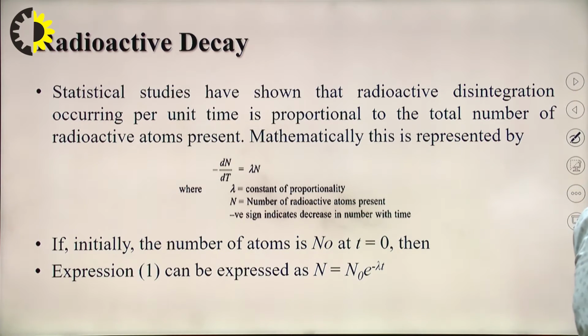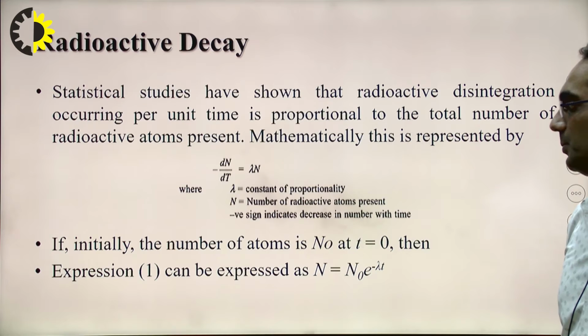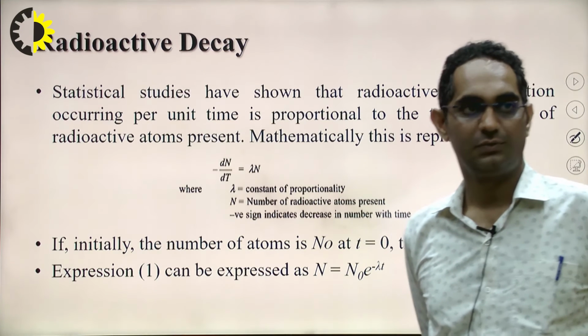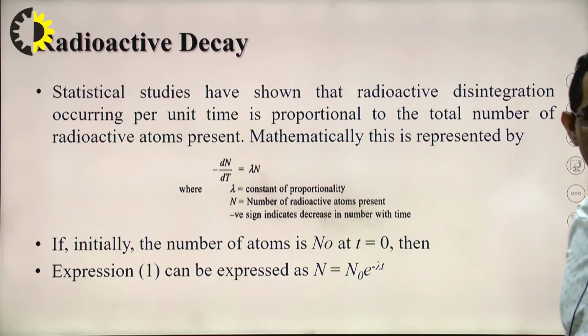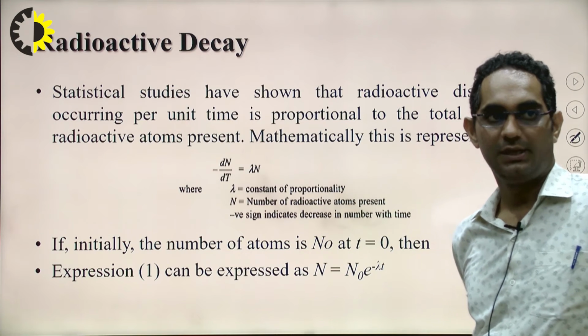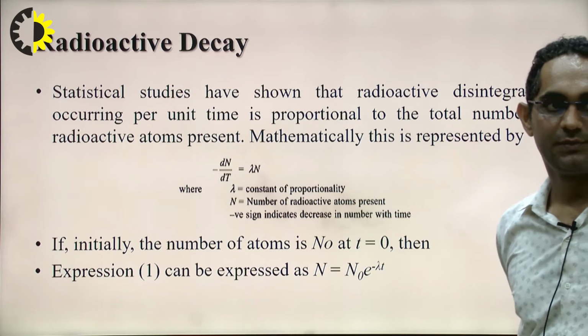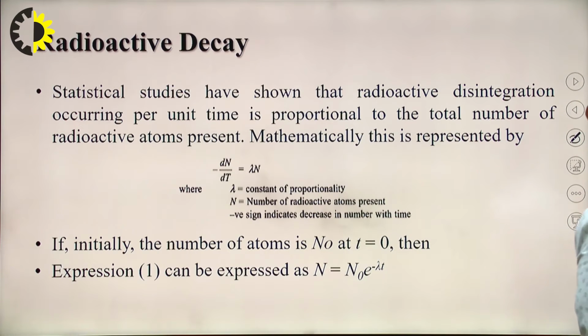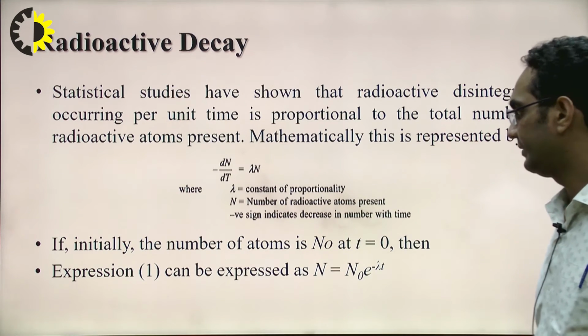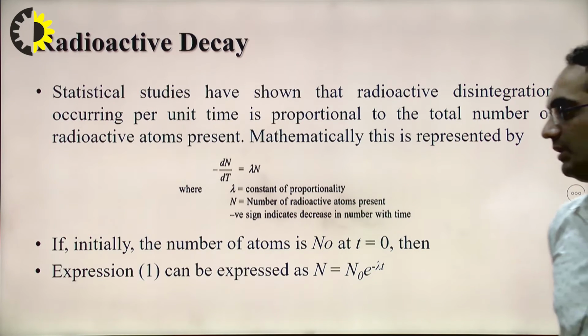Mathematically it is represented by minus dN by dt equals lambda N, where lambda is the constant of proportionality, N is the number of radioactive atoms present, and the negative sign indicates the decrease in number with time.